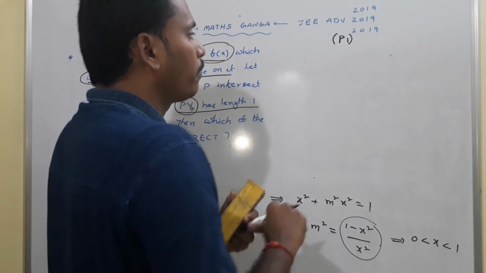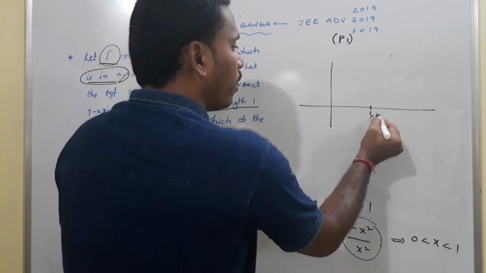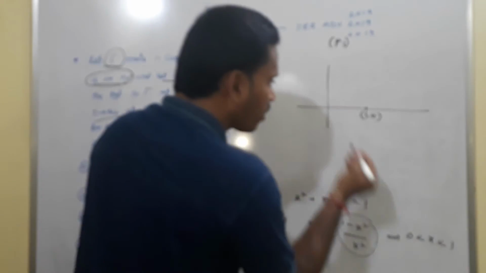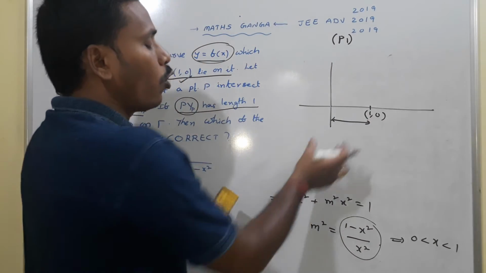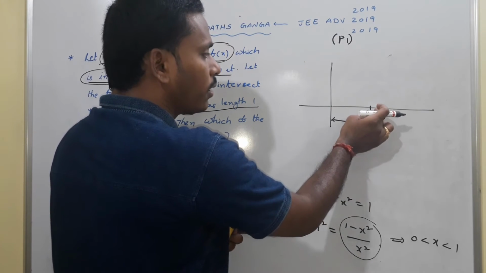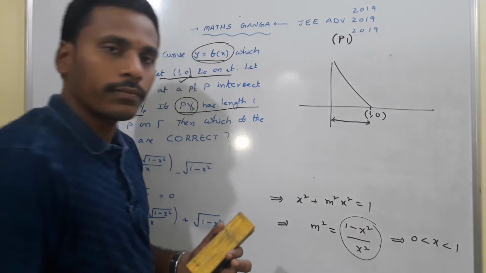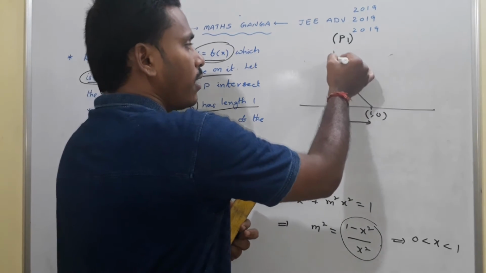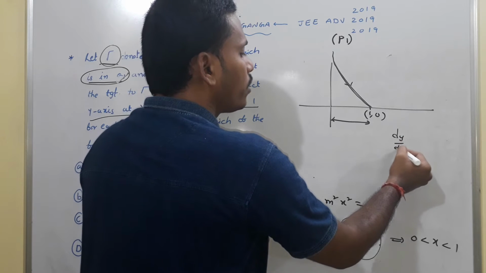The curve must be in the first quadrant, it must pass through the point (1, 0), and the range of x is between 0 and 1, so the curve must be in this region. So surely the curve will be like this. Since the curve is like this, it's a decreasing curve.